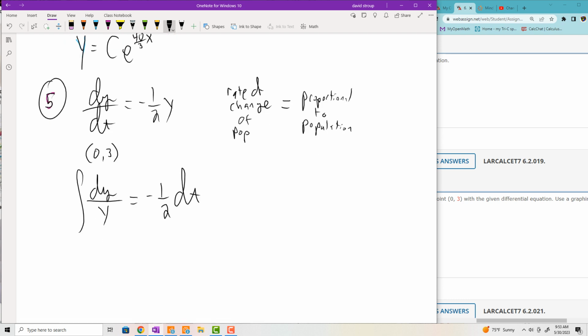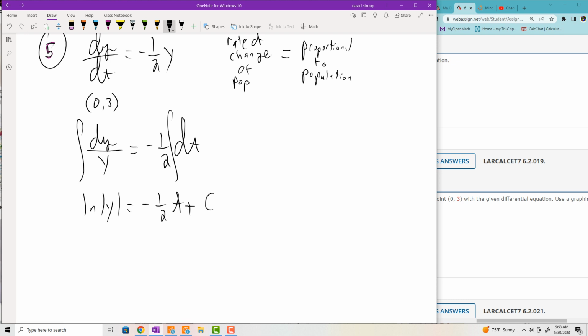Integrate both sides. You can factor out the -1/2, so let's just do that. The integral of 1 dt is just t, and then we always tack the c on here. Then I can exponentiate.